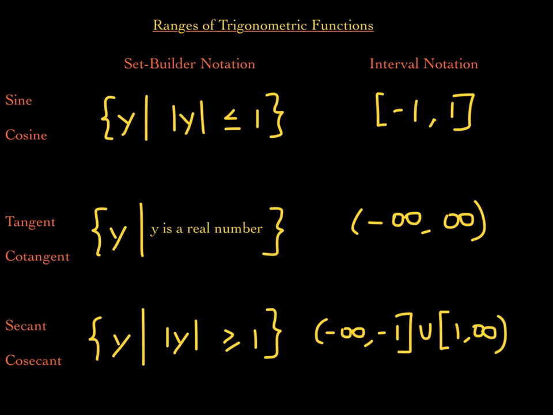For secant and cosecant, it's the set of all y such that the absolute value of y is greater than or equal to 1. That's the same thing as saying all of your y values must be less than or equal to -1, union greater than or equal to 1. It'll be very important that you keep this table and this information really handy, and try to remember it as best you can.